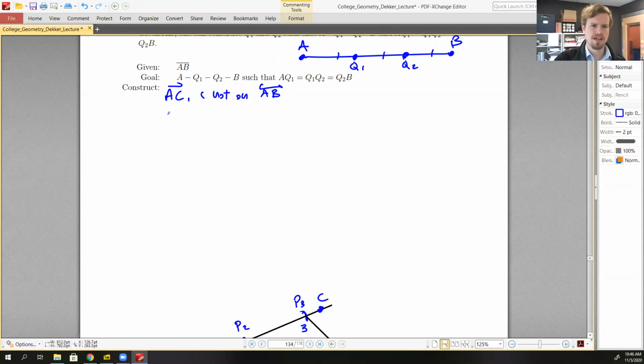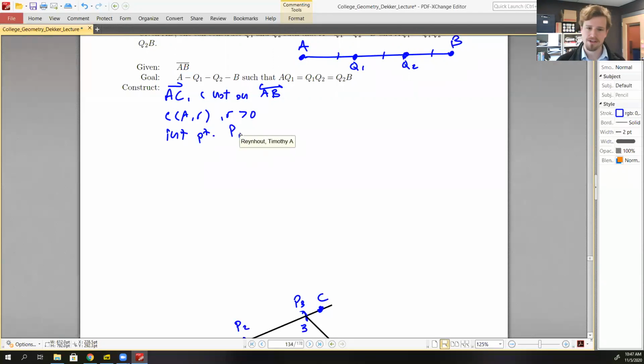And then we constructed a circle at A with some radius, so that we could fit a number of these on our new ray AC. Of course, our radius should always be greater than 0, and this gives us the intersection point P1.